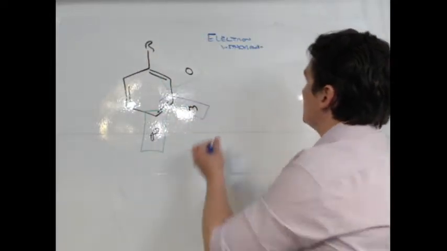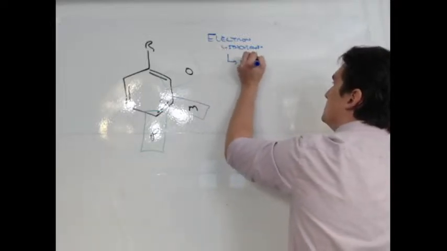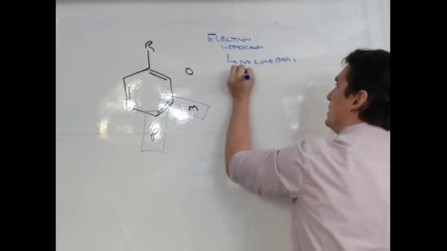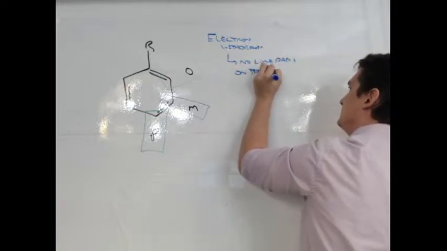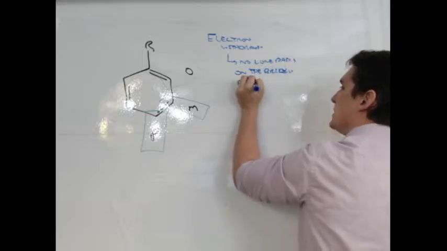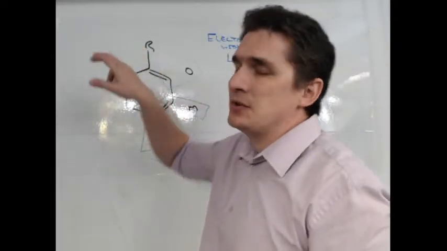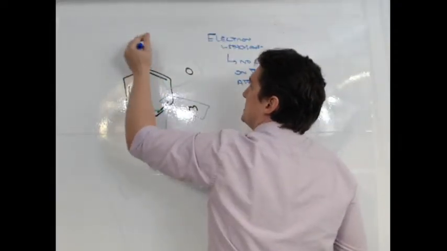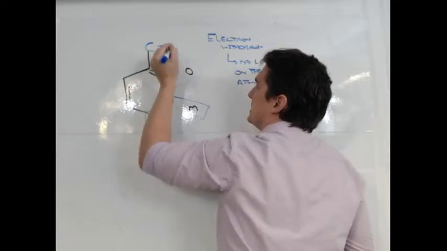So key features of your electron withdrawing groups. There are no lone pairs on the bridging atom. And what I mean by the bridging atom here is whatever is connecting this R group to the ring. So I have something like cyanide, or this nitrile group.